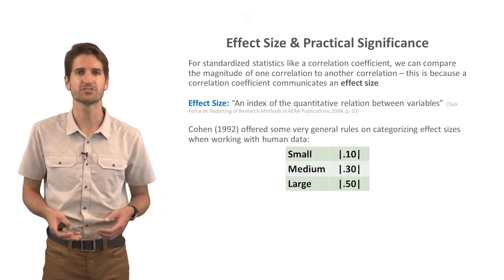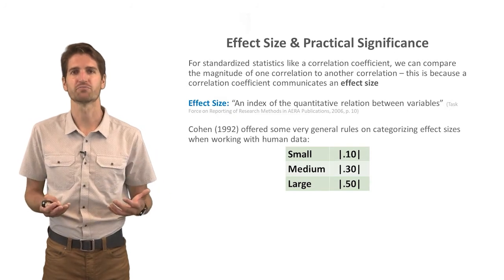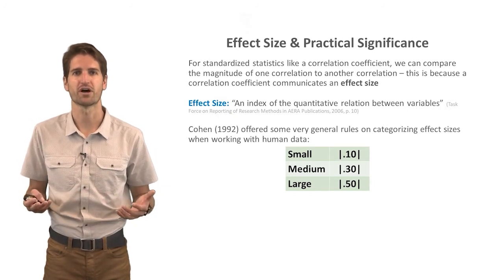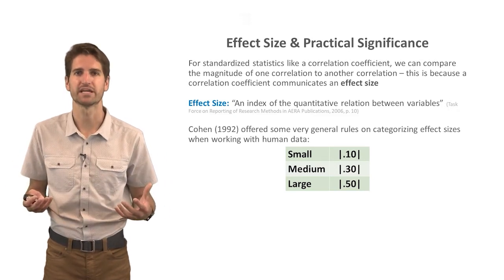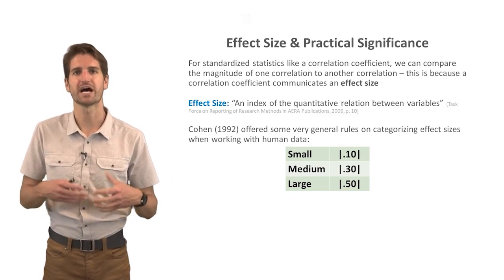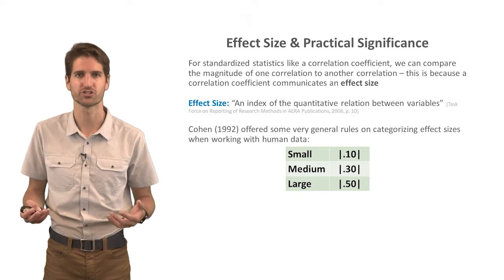In 1992, Cohen offered some guidance and rules of thumb for assessing and describing qualitatively the magnitude or size of the effects when it comes to correlation coefficients.